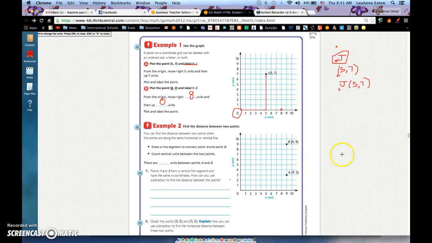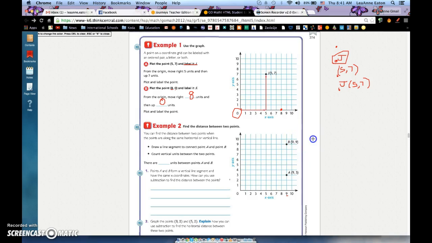All right, example 2. You can find the distance between 2 points when the points are along the same vertical or horizontal line. So here we have 2 points. They both have an x of 9. So the first number, both of them are 9. And then we have to see what's the distance between them. What we simply do is take one number minus the other number.